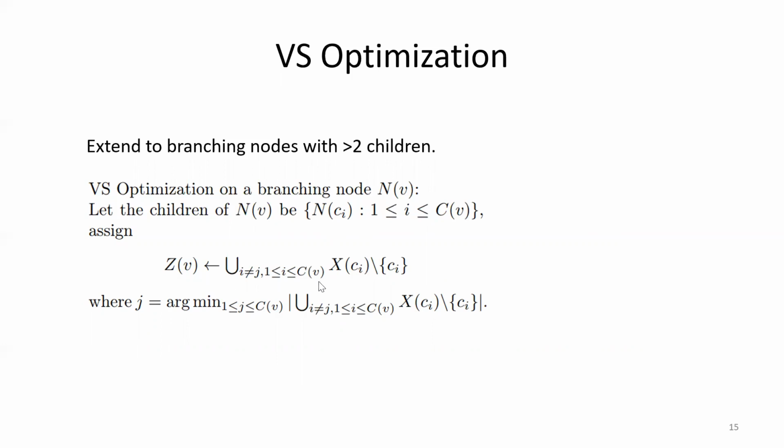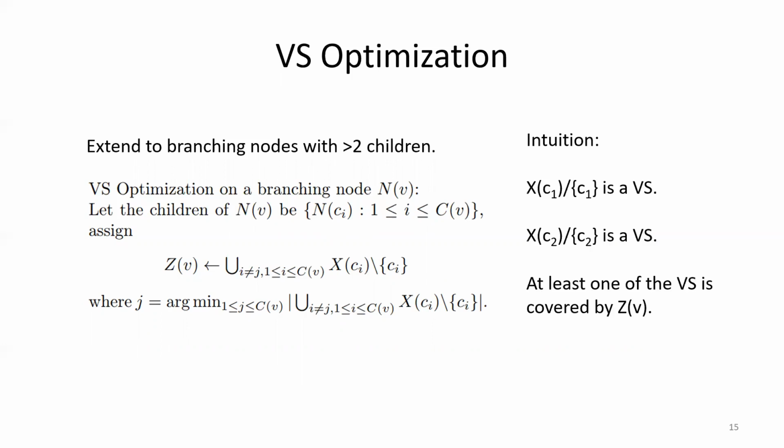Let's say there is a query S, T regarding the tree node V as the LCA, and the path from NS to NV goes through NC1, and the path from NT to NV goes through NC2.